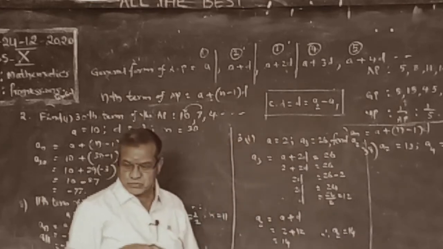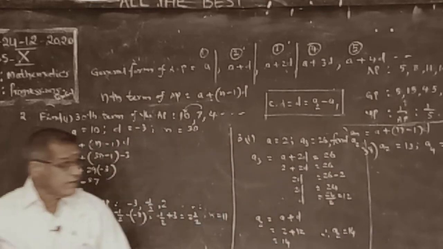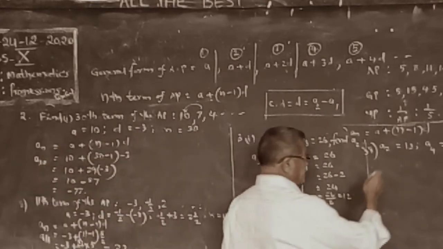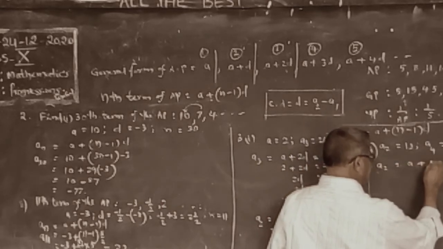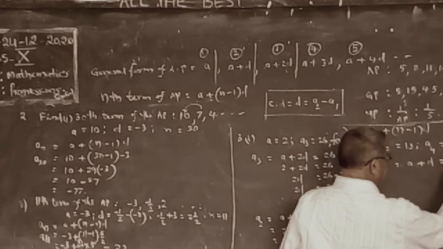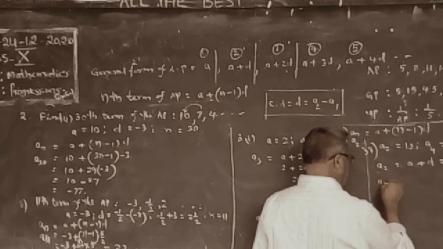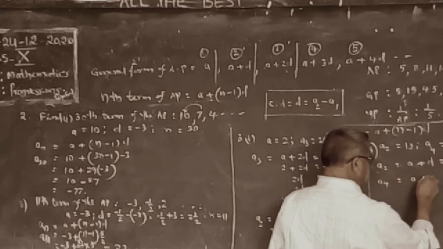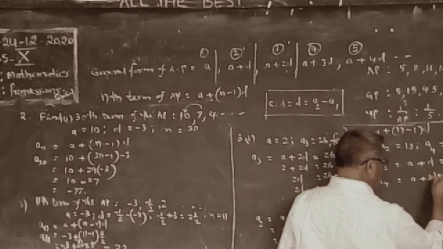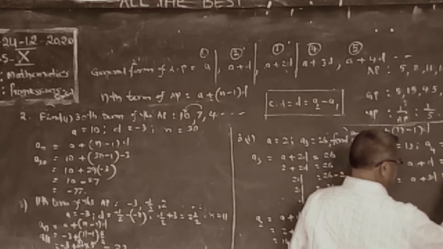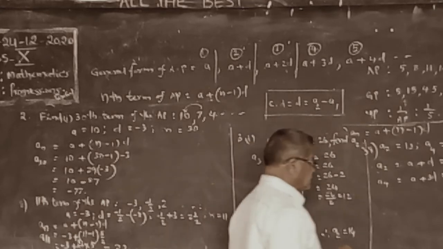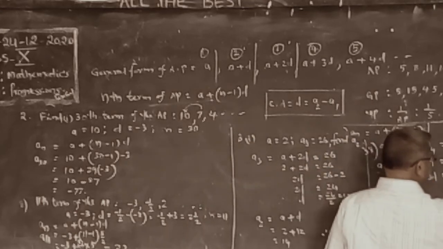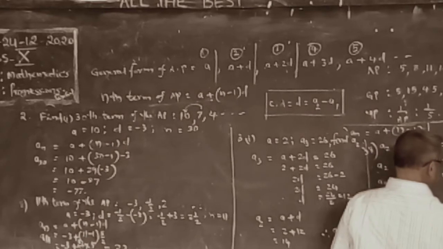How? What is the second term? A2 is A plus 1D, which is equal to the given 13, and A4 is A plus 3D, 4 minus 1 is 3, which is 3. We have to solve these two equations. This is the first equation, this is the second equation.